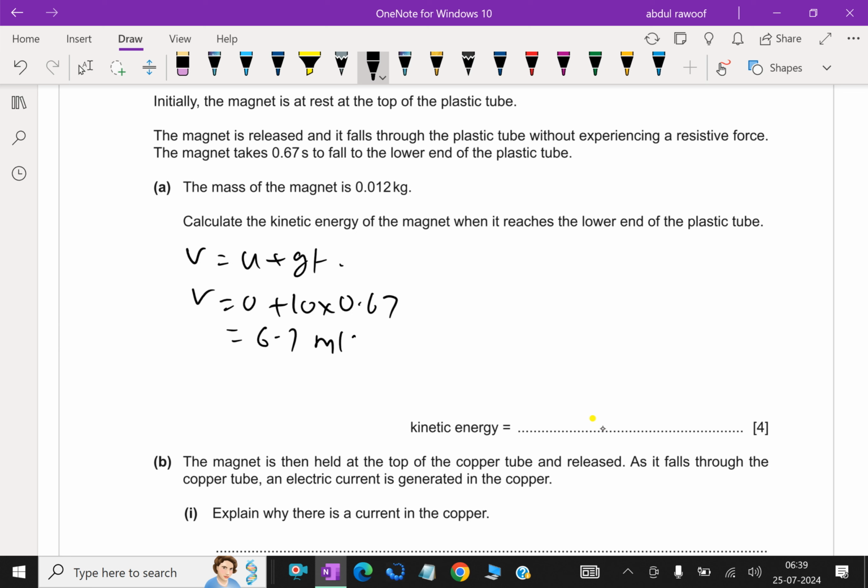Final velocity is here. Calculate the kinetic energy of the magnet when it reaches the lower point.